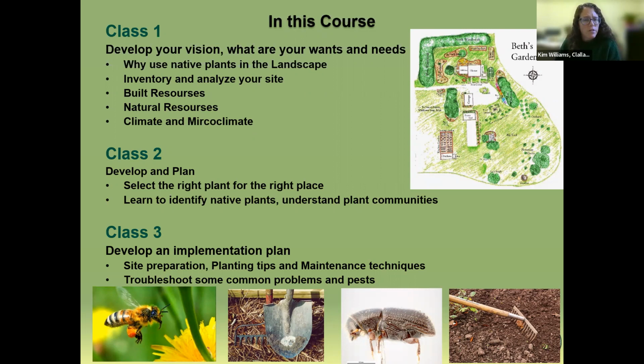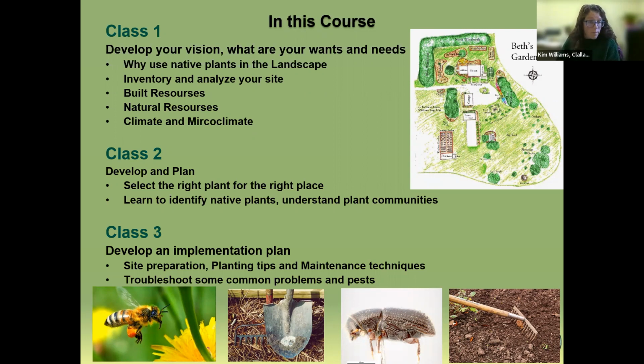How to really take an inventory and analyze your site, analyze your built resources, kind of sheds and sidewalks, and where's your septic, and what natural resources do you already have on your property that you want to keep? Big native trees, maybe a little river or a little pond that goes through your backyard. And also we're going to take a look at the climate and microclimate of your specific place.